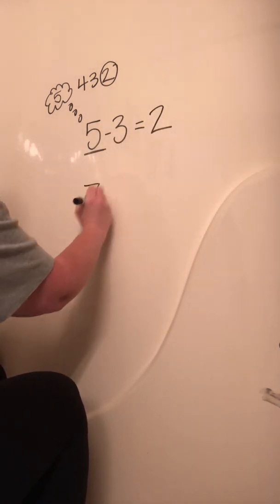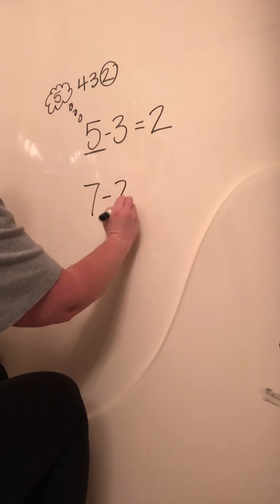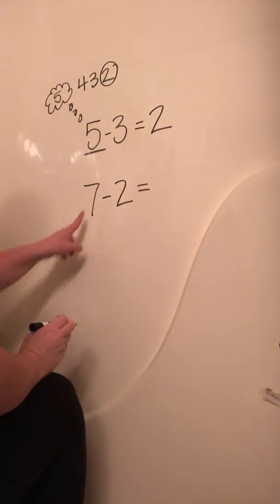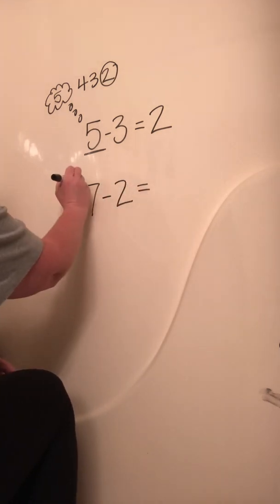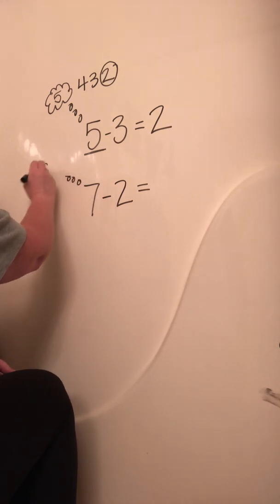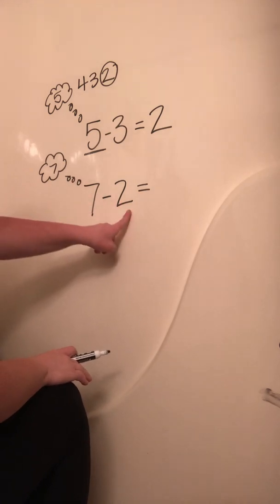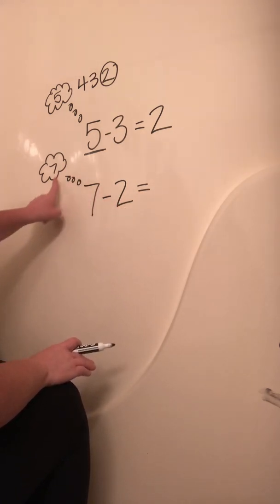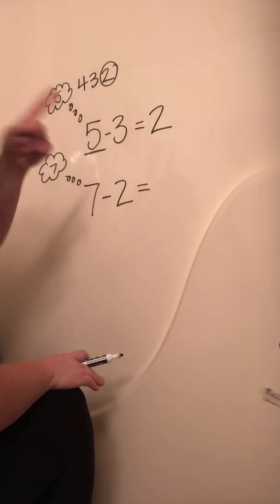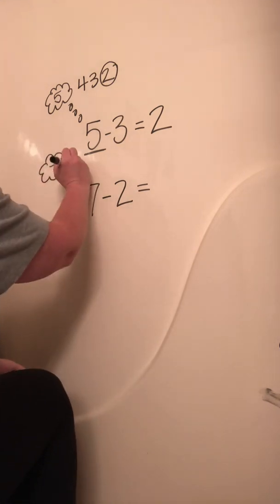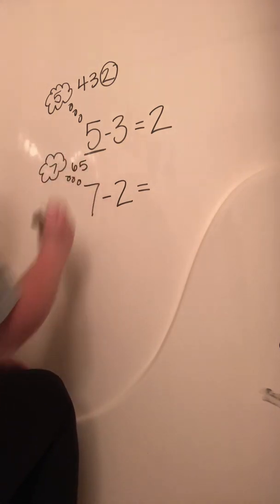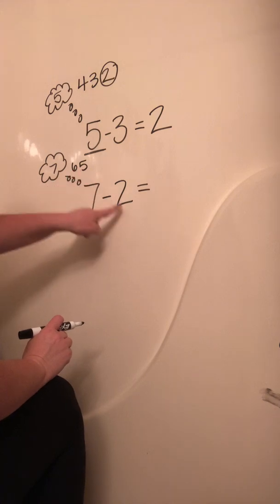Let's do 7 minus 2 equals. I start with that first number. I'm going to put it in my head. And then I'm going to count backwards 2 times. So I say my number in my head, 7, then I say 6, 5. 1, 2, 2 times.